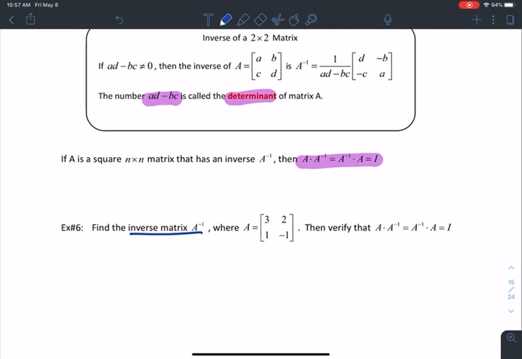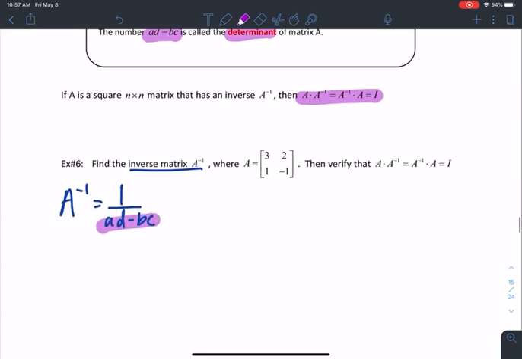So find the inverse matrix, A inverse. That -1 we would just read as inverse. So A inverse is 1 over AD minus BC. So I'm going to start with that before we get to all this part. AD minus BC.